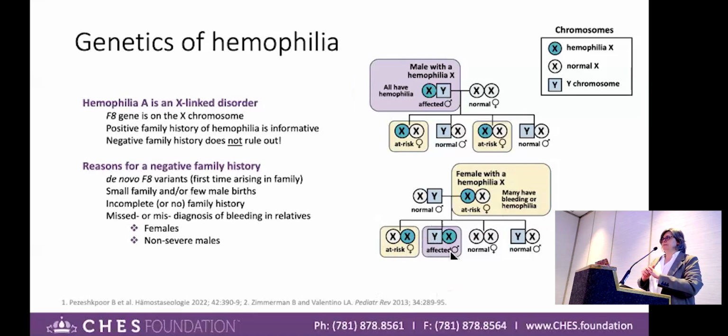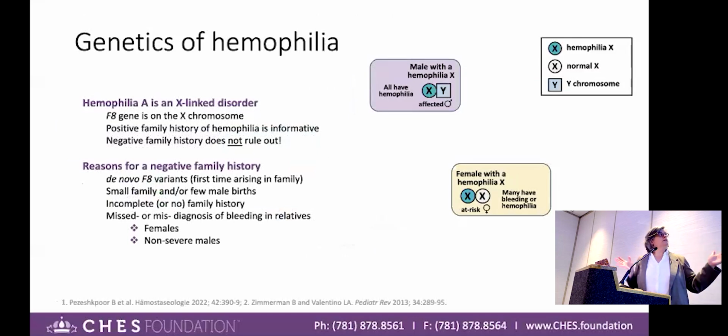And remember, we learned if you're XY, then you just have hemophilia. There's no other normal gene. And then one of the two daughters will inherit that gene change and be at risk. Does this make sense so far? I see nodding, we'll go on. Sorry, I'm not good at advancing the slides.